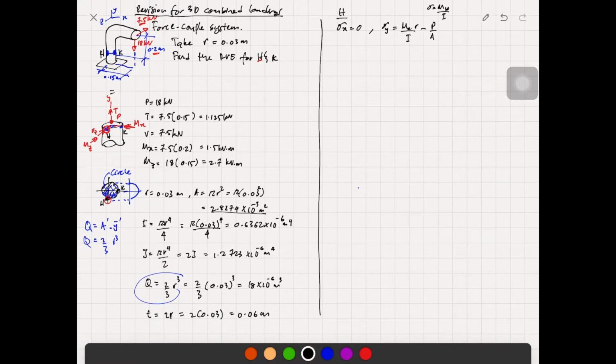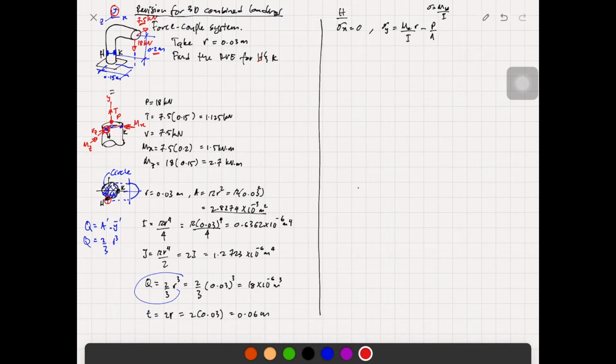To make it simple to understand, on the y direction we have 18 kilonewton acting downward. In combined loadings, whatever is opposite to that direction, the sum of the stress is going to be done accordingly.